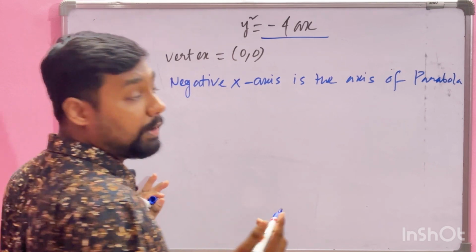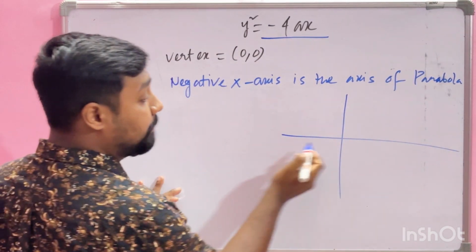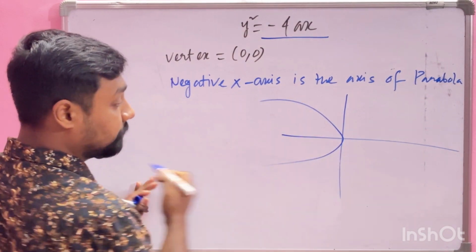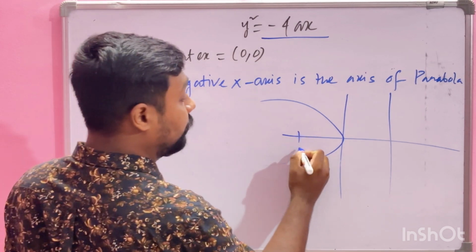Now we will see how the parabola is looking. So axis is in the negative direction, that means parabola will be like this one. And here we will have a directrix and here we will have a focus.